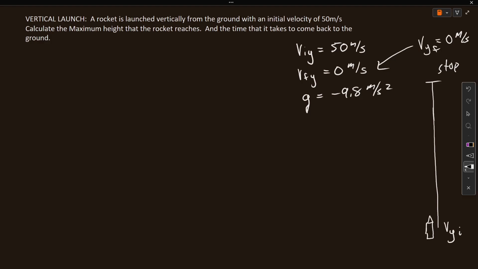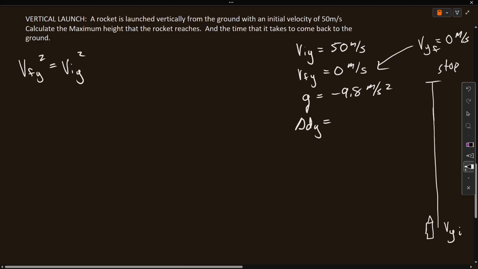And our thing we want to find is, we don't want to know how long it takes, or the time it takes to get to the maximum height. We want to know the actual height, and so that's a delta dy, or a change in vertical position. Okay, and there we have it. We actually have a formula that's going to give us this value very easily, VFY squared equals VIY squared plus 2g delta dy.